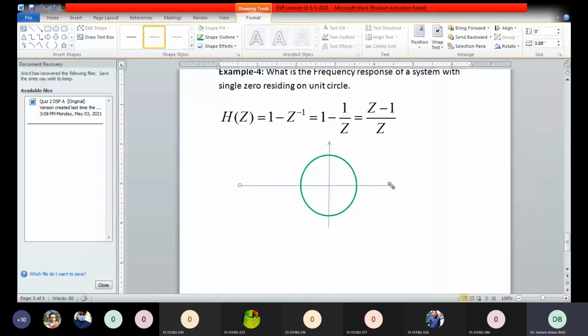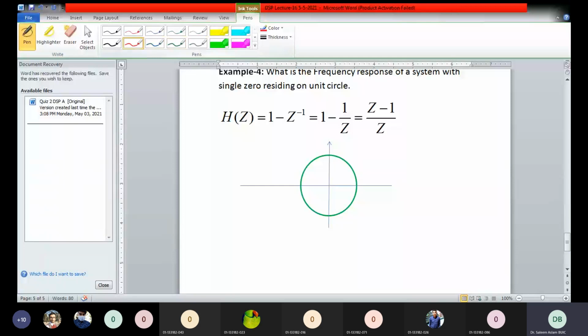Let me draw the location of the 0 for this example. Now we are bringing the 0 onto the unit circle, and of course it has a pole at z equal to 0, but for the ROC we do not consider poles at z equal to 0 or z equal to infinity, so it is not significant. So we only have a 0 at exactly 1.